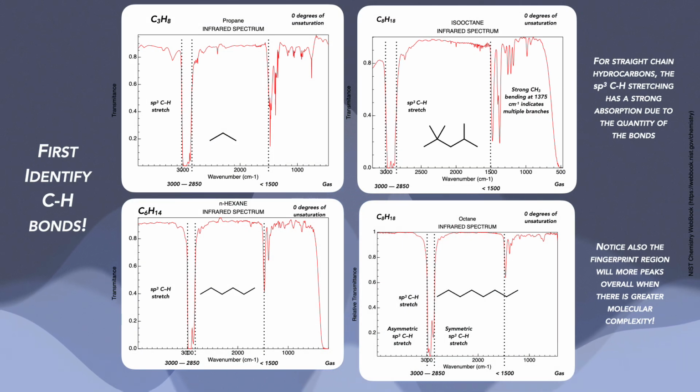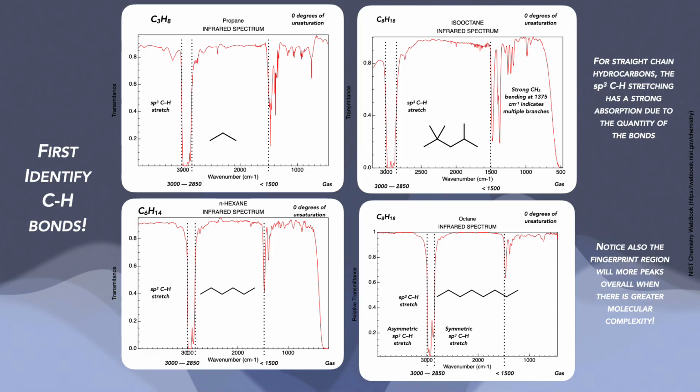When reading an IR spectrum, we don't try to identify or interpret everything at once. Instead, we follow a simple strategy. First, identify the carbon single bonded to hydrogen bonds. sp3 carbon single bond hydrogen bonds appear around 3000 to 2850 per centimeter.